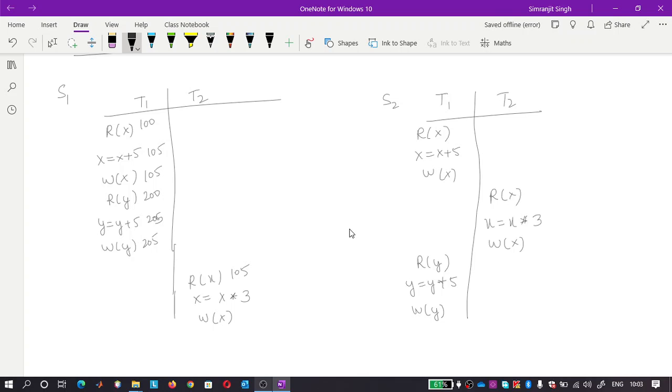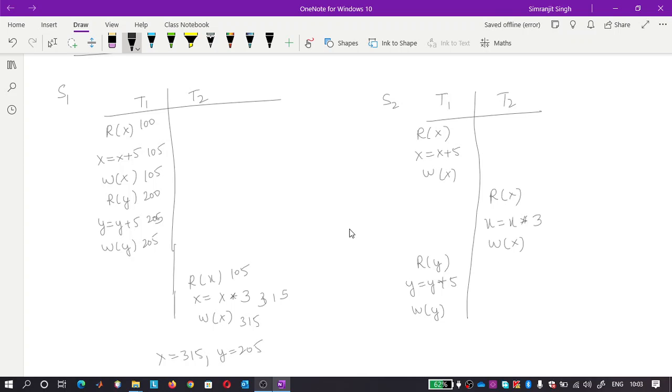And you're multiplying it by 3, so it will be 315, sorry, 350, and you're writing the value 350. Okay, so at the end we got the value of X to be 350 and the value of Y to be 205. So if you are able to get the same thing here, you can say that S2 is a serializable schedule, a result equivalent schedule to S1.